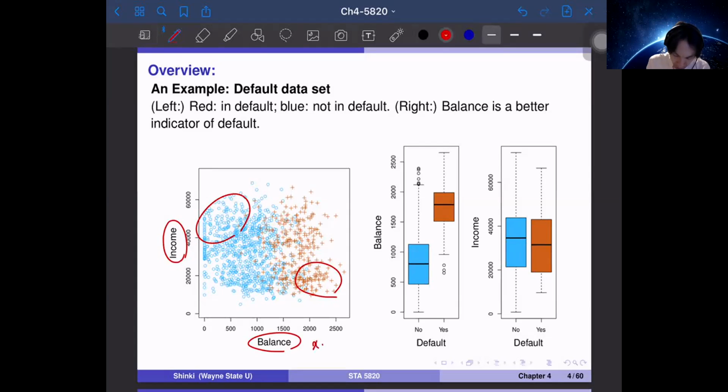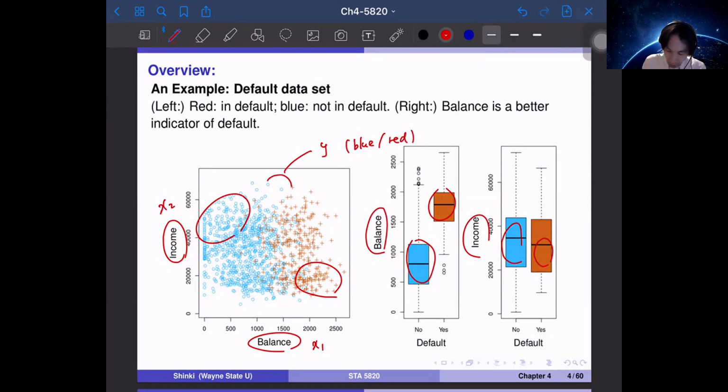So this is basically X sub 1 and this is X sub 2, and this label is Y, blue or red. You can see the balance is really a good factor to predict the default. Income does not really predict the default.